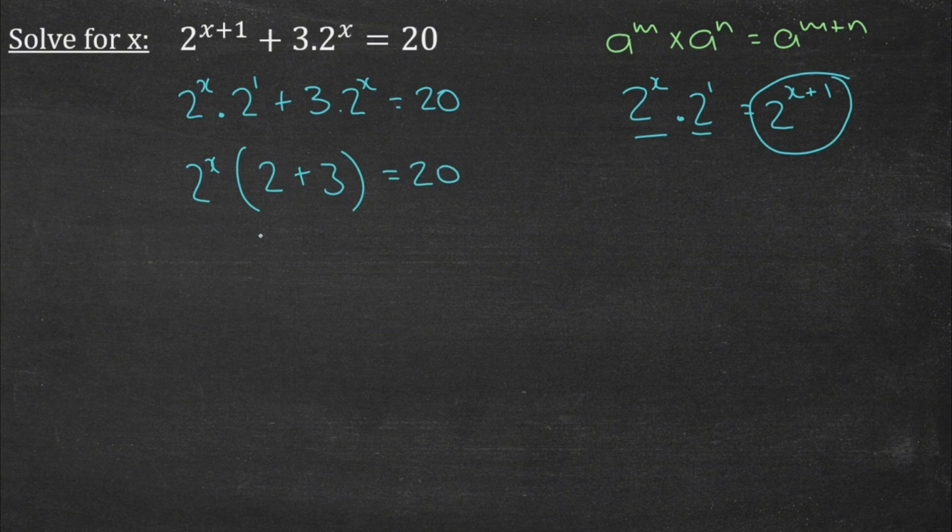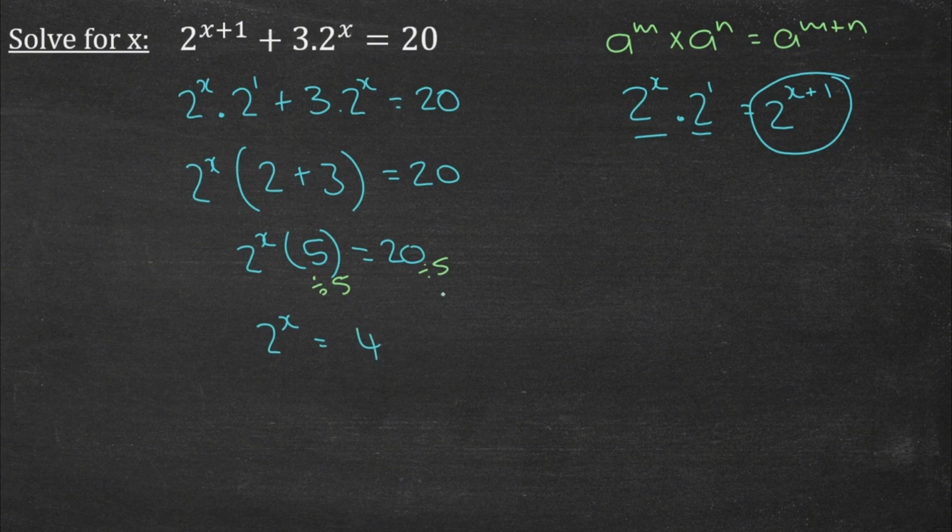Okay, so on the left-hand side, we have 2 to the power of x multiplied by 5 equals 20. Now we have only factors left. Now I want to get rid of this 5 because this 2 to the power of x is multiplied by this 5. So I'm going to divide by 5, and what I do on the one side, I have to do on the other side. So that gives us 2 to the power of x equals, and 20 divided by 5 equals 4.